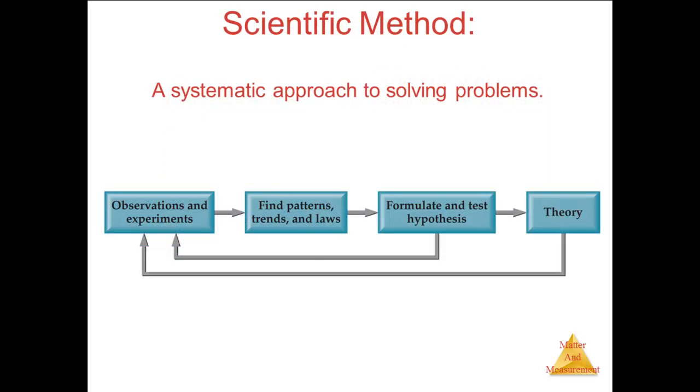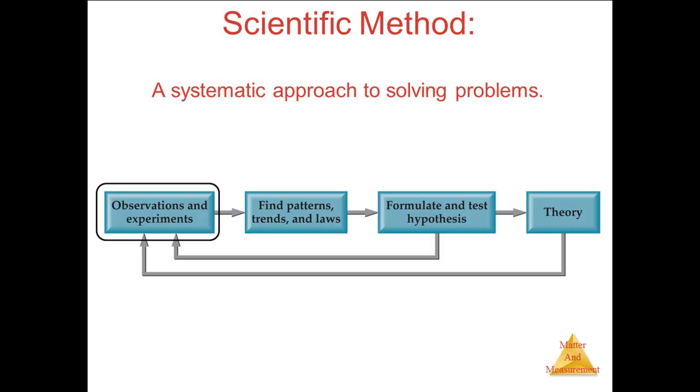The key part of this system is observation. Observations are the facts of science. From observations come the regularities and patterns that we use to come up with hypotheses to test by more experiments, which are controlled observations.